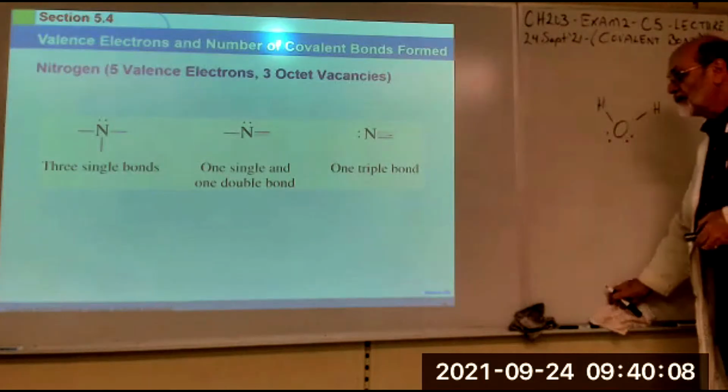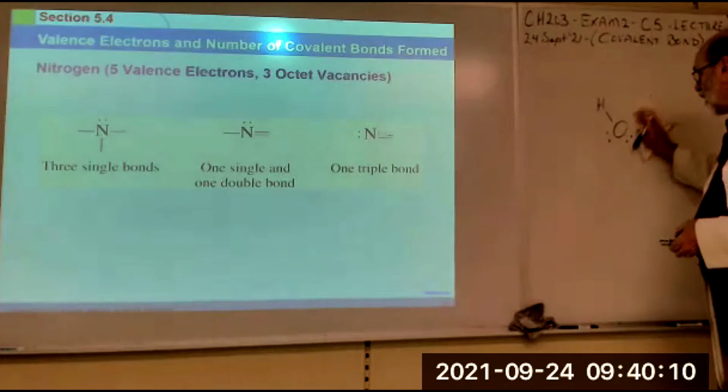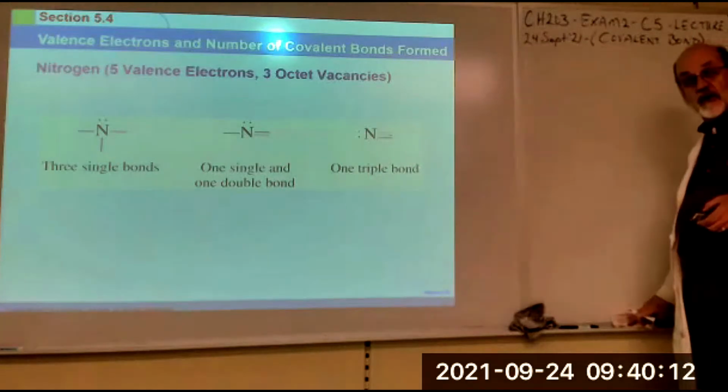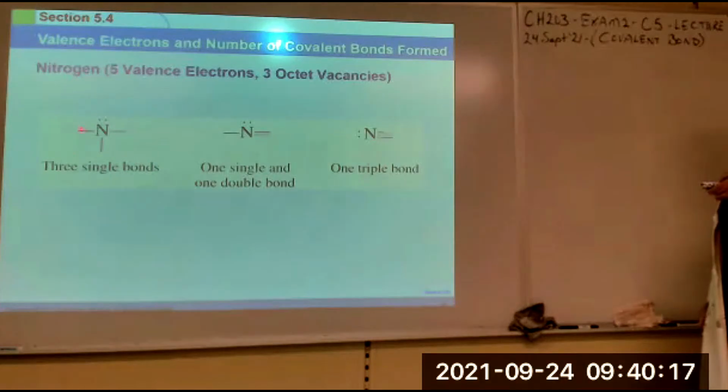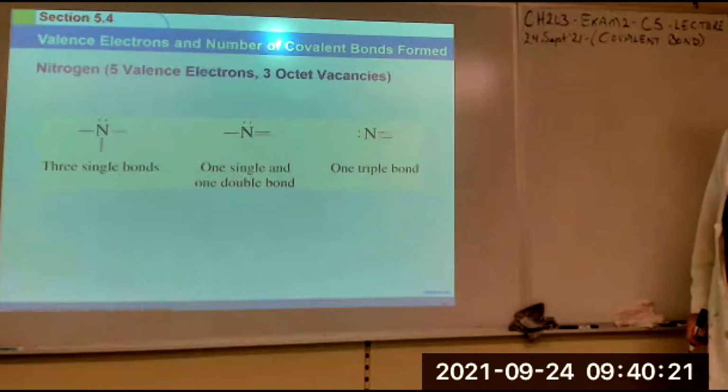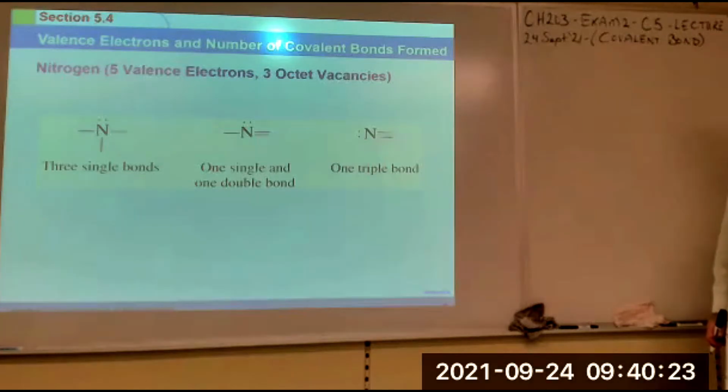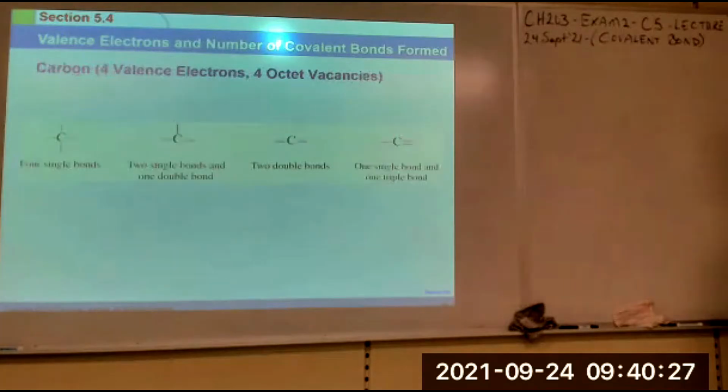Nitrogen needs to form 3 bonds, and it has 3 options. Right? It can form 3 single bonds, it can form a single and a double, or it can form 1 triple bond. And it's perfectly happy to do that. We mentioned carbon earlier.